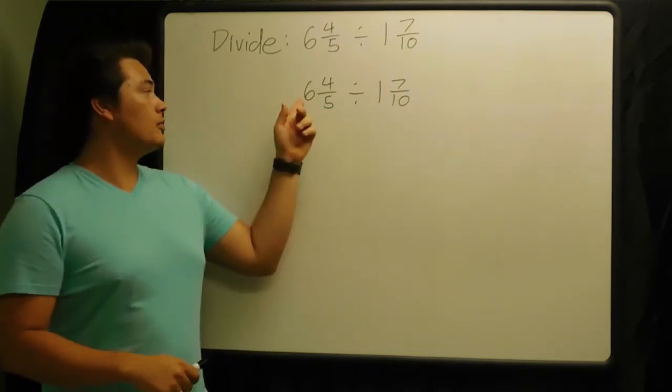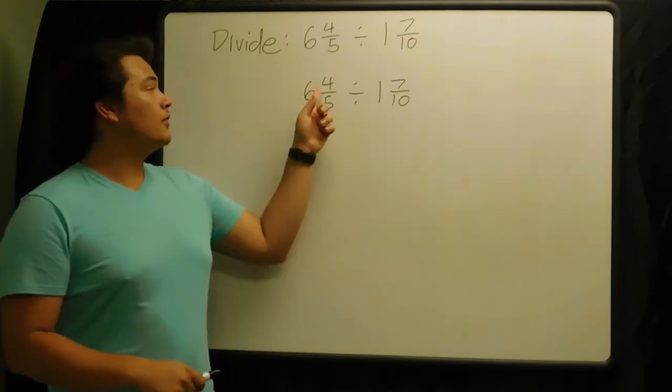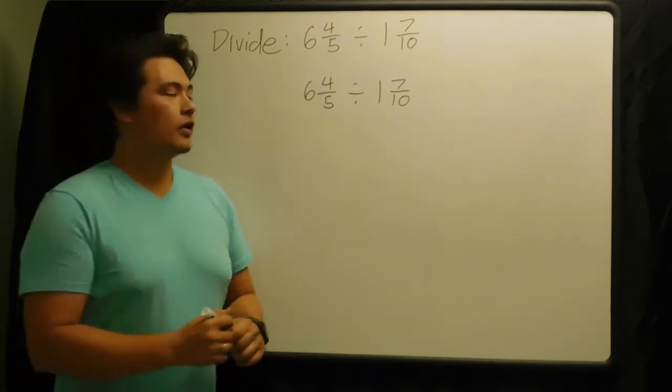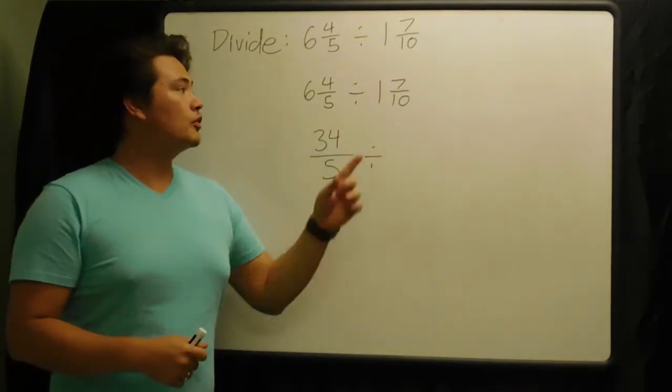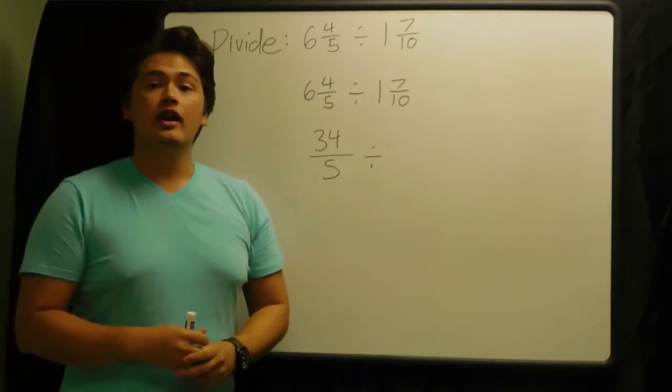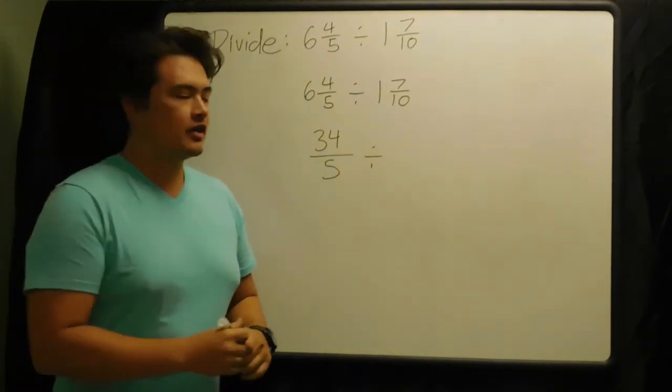So for here it's going to be 6 times 5, which gives me 30, plus 4, which gives me 34. And for 1 and 7 over 10, I'm going to multiply 1 times 10, which gives me 10, plus 7, which gives me 17.